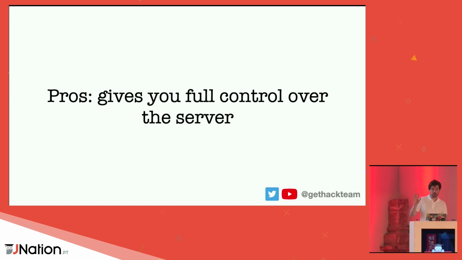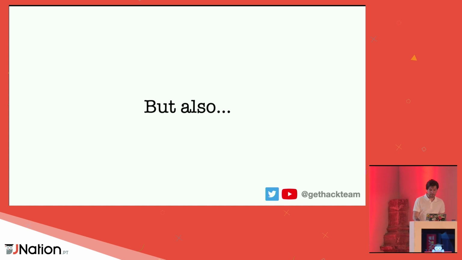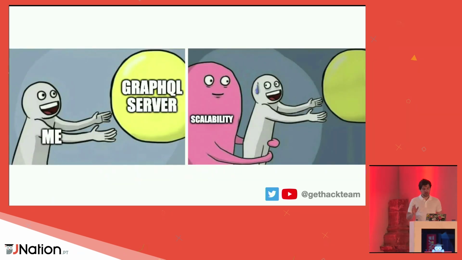So if you decide to build your own GraphQL server, there are many pros. They give you control over the servers. You're able to do everything you want in exactly the way you want to do it. But maybe you already invested all this time and energy into REST, and you don't want to reinvest the same time and energy. And you also need to take into account scalability.